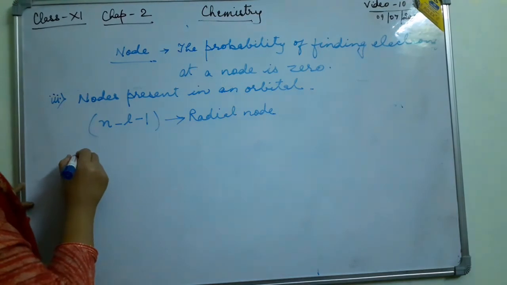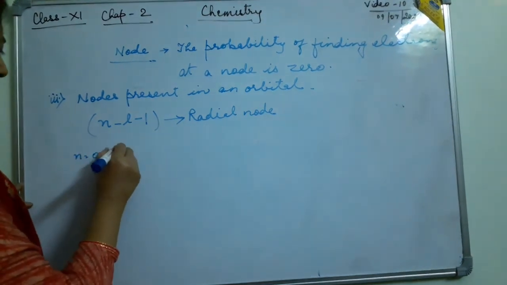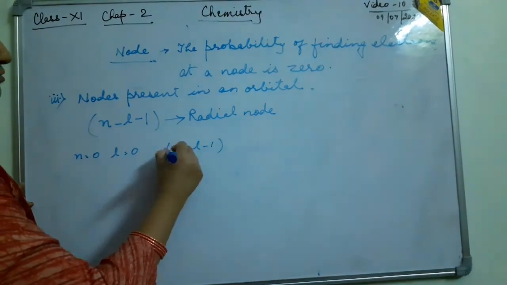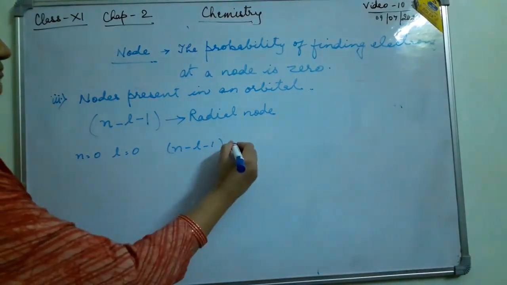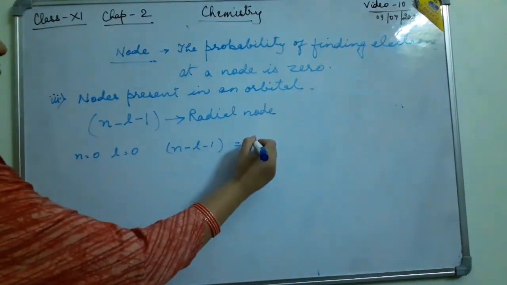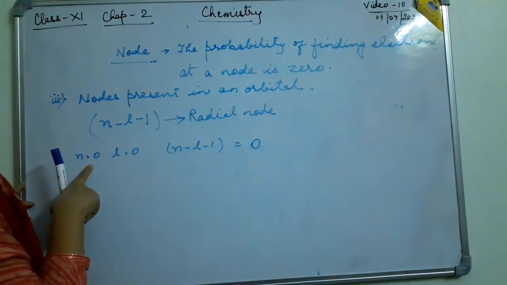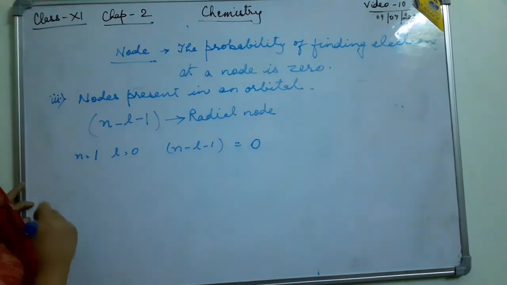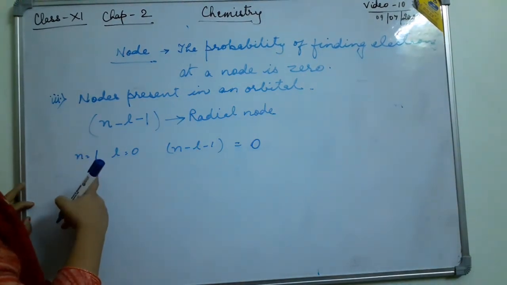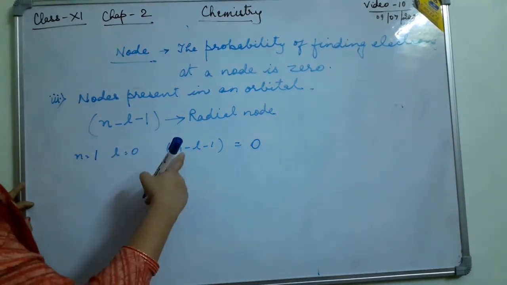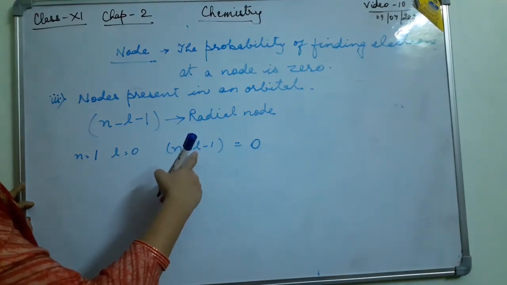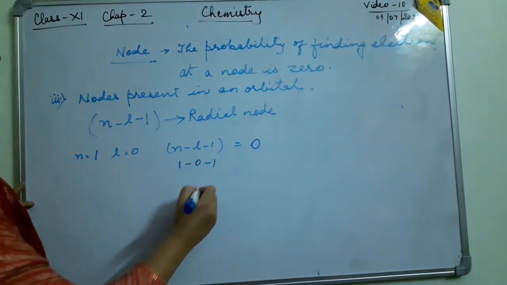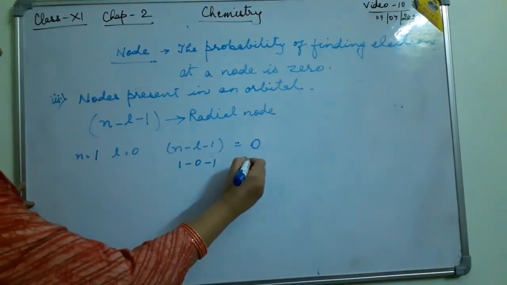For n equal to 1, L equal to 0, n minus L minus 1 equals 1 minus 0 minus 1, which is equal to 0.